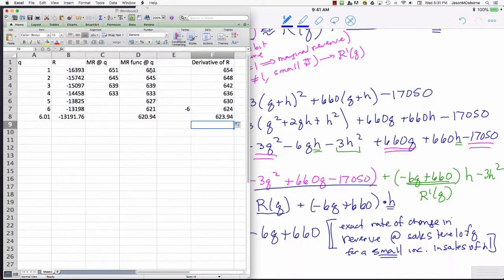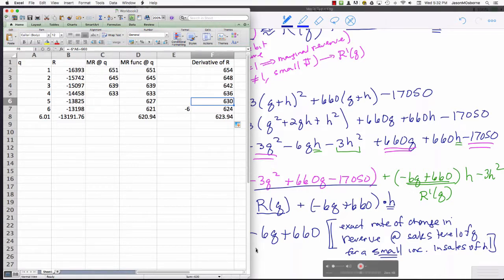Notice that you're getting an answer for the derivative that is really close to the marginal revenue. The derivative of the function and the marginal revenue are usually going to be numbers that are pretty close to each other. It's the derivative that is the more exact answer.